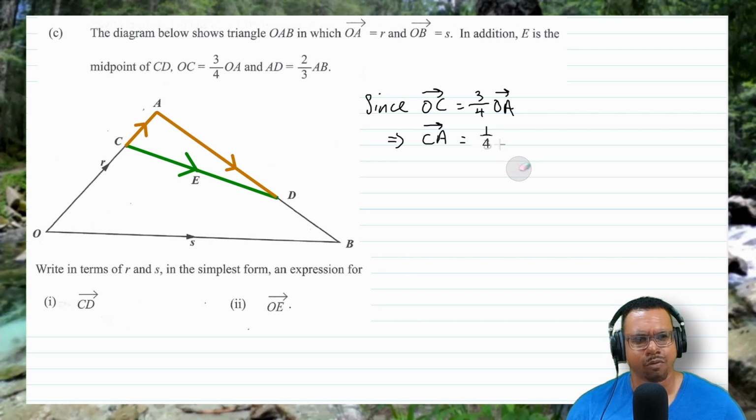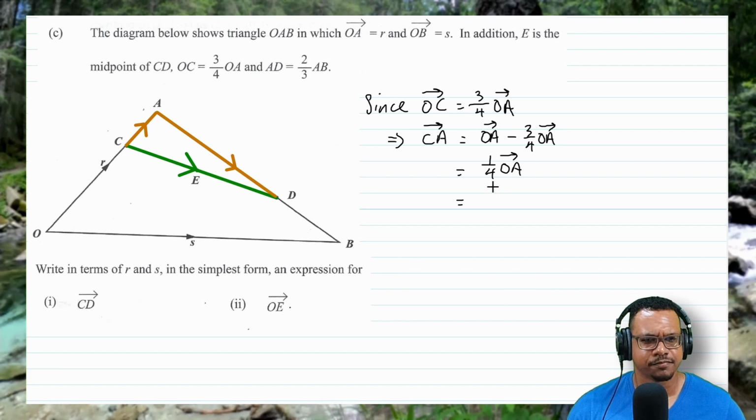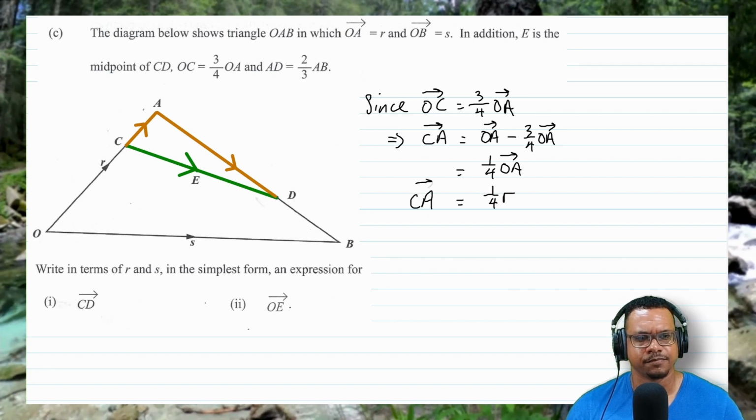Or I can write it as O to A take away 3/4 O to A. That's just 1 take away 3/4, which is 1/4 O to A, and O to A is R. So that's just 1/4 of R. That's C to A.